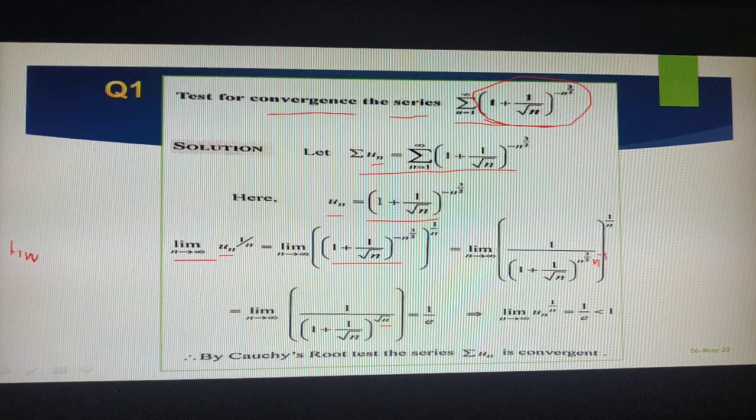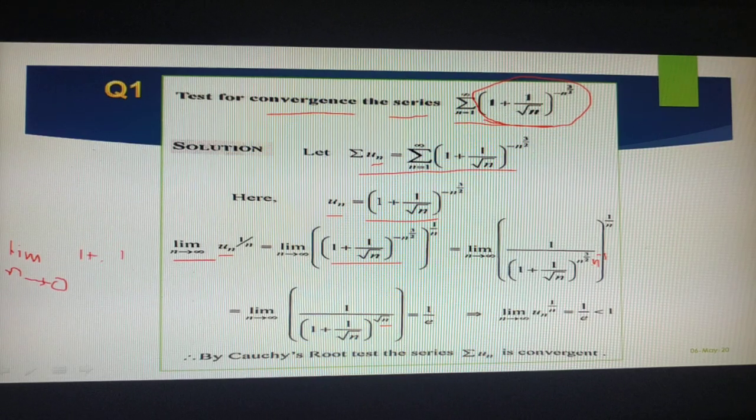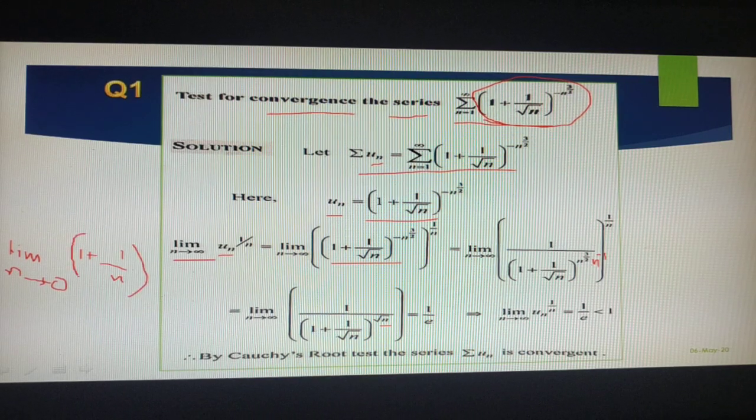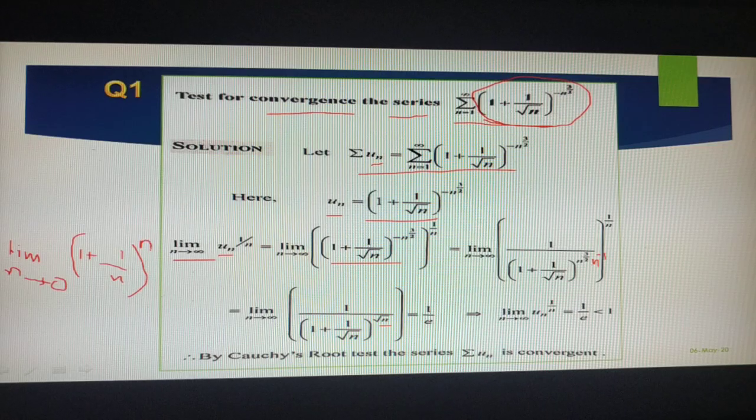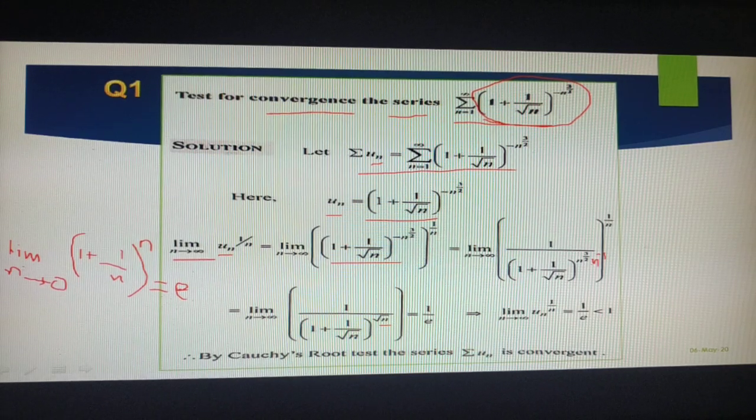Limit n tends to infinity, 1 plus 1 by n whole to the power of n, for any such number, that value will be equal to e. What is the value of e? 2.718.